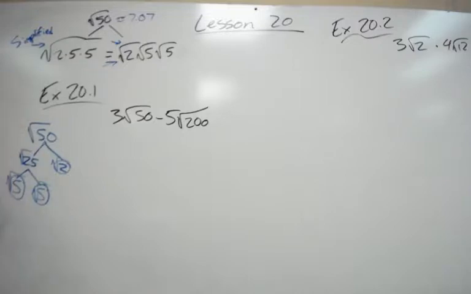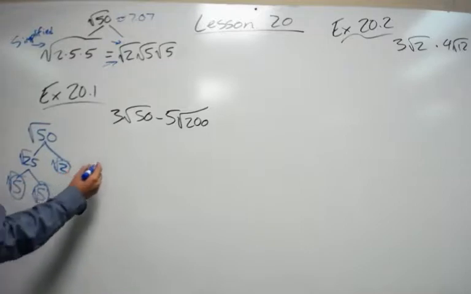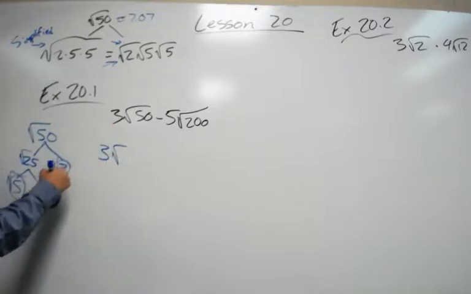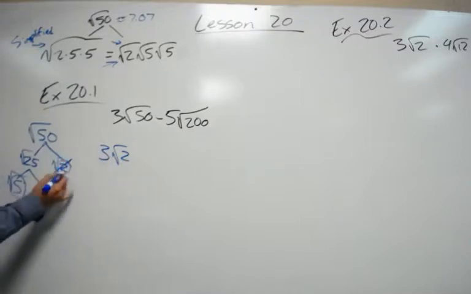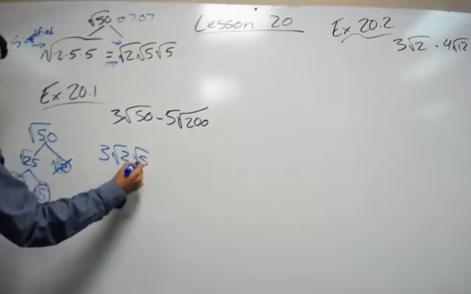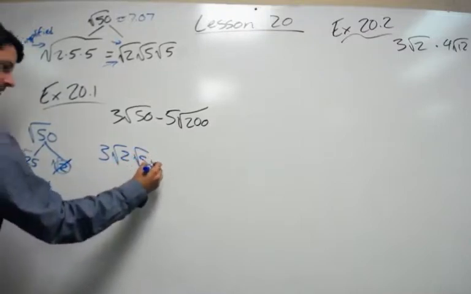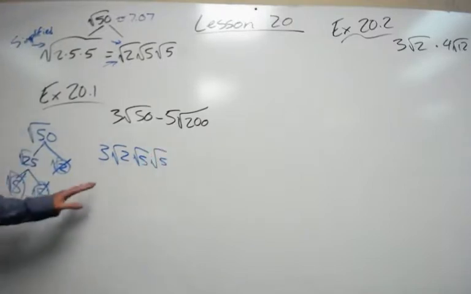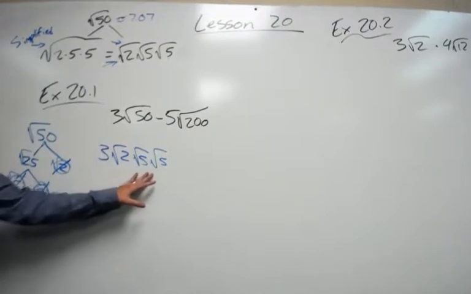So therefore, when we write this, we can say 3 times radical 2, so we used that one, times radical 5, I used that one, times radical 5. So we get to this point.